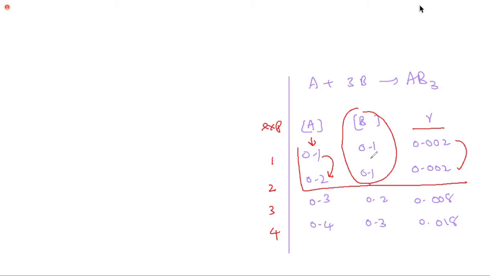When B concentration remains the same, B is not going to affect the rate of the reaction. Is the statement clear? Yes, sir. Rate is directly proportional to concentration of A, concentration of B raised to the power of their coefficients.